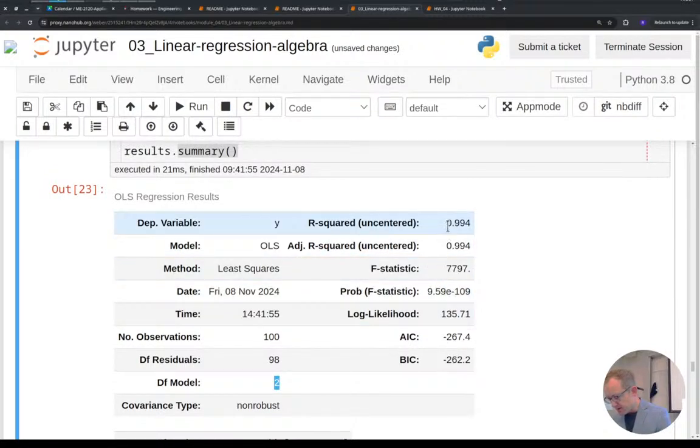Here's the r squared value. When you're doing linear regression, you want r squared to be close to 1, but if it's exactly 1, then you're probably overfitting. Anyway, you get all that good stuff there.